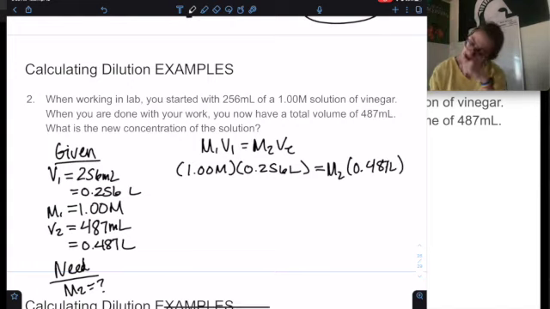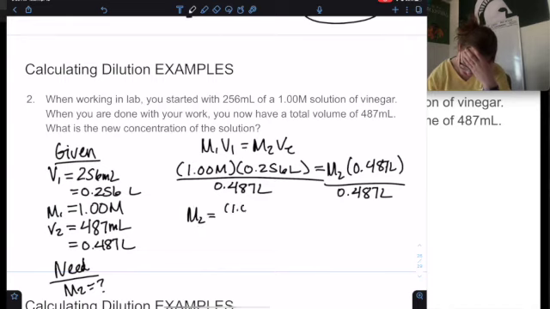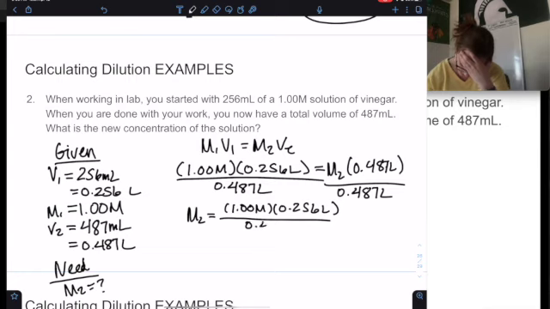So from here, we start working on solving, so we need to get M2 by itself. We're going to divide both sides by 0.487 liters, and what that leaves me with is M2 equals (1.00 molar) times 0.256 liters divided by 0.487 liters.